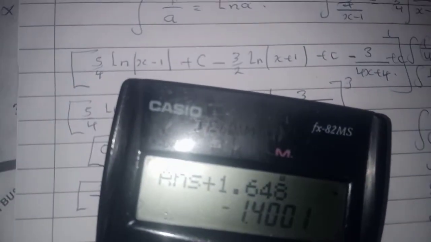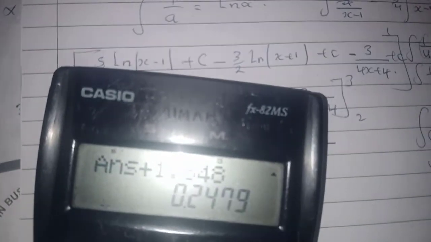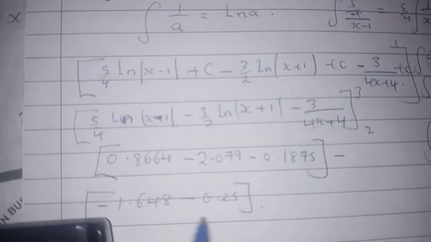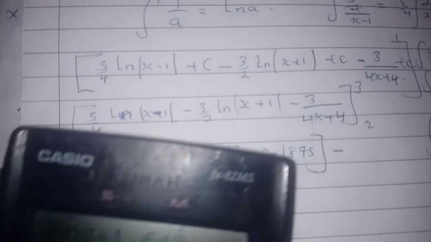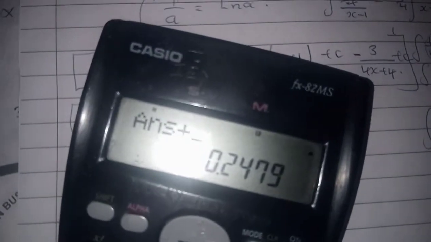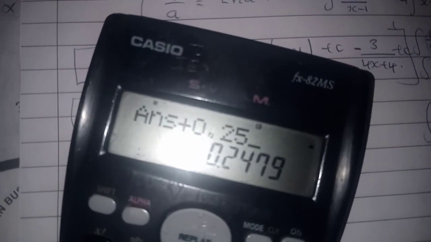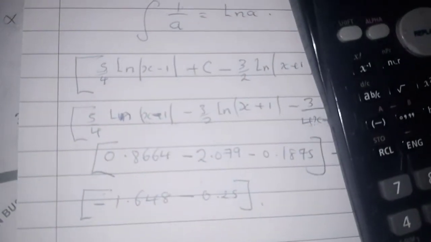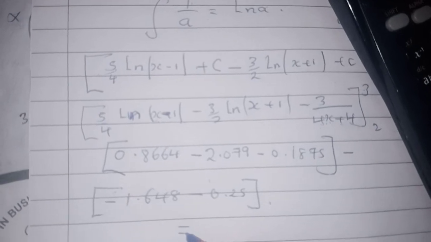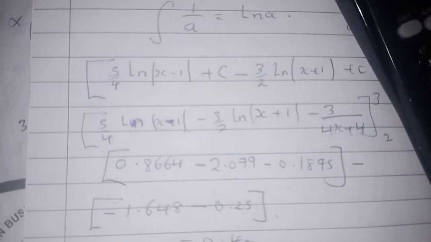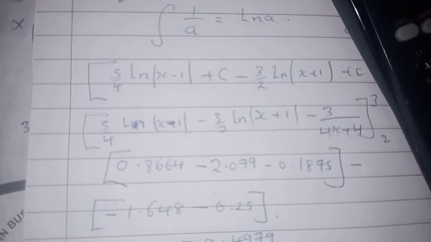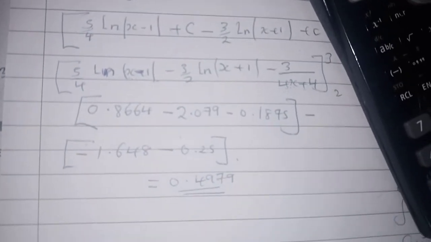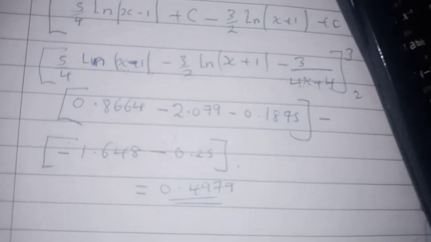Positive 0.2479. Then minus also becomes positive. So we have to plus that. So plus 0.25. And our final answer is 0.4979. So the integral of that function is 0.4979. Hence solved.